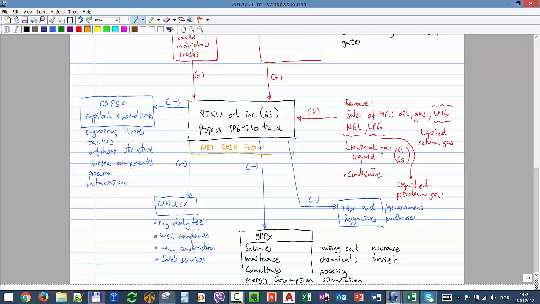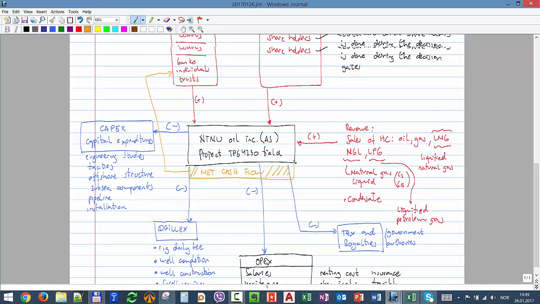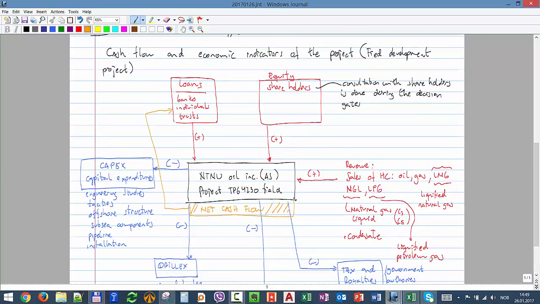After I sum all of that, I have a net cash flow, and part of that I will use, once it starts being positive, to start paying back my loans, and also to pay dividends, revenues to the shareholders.